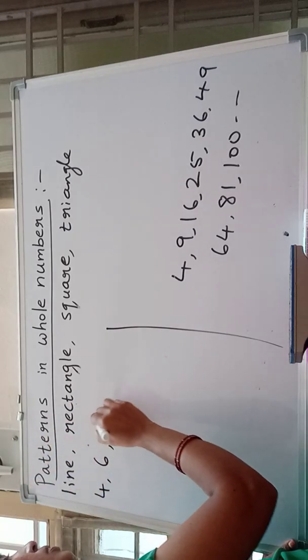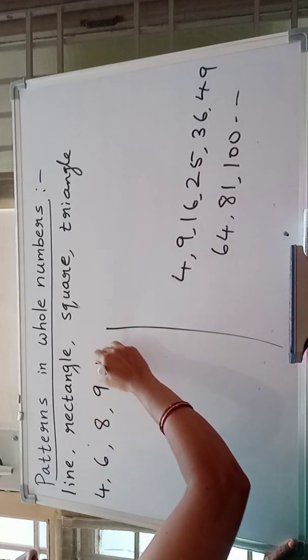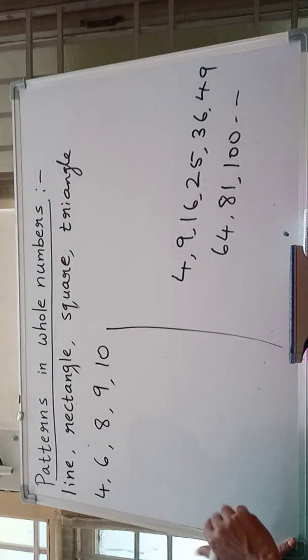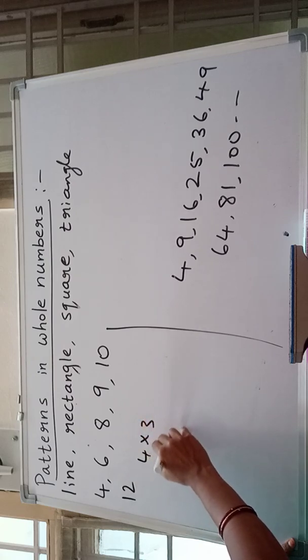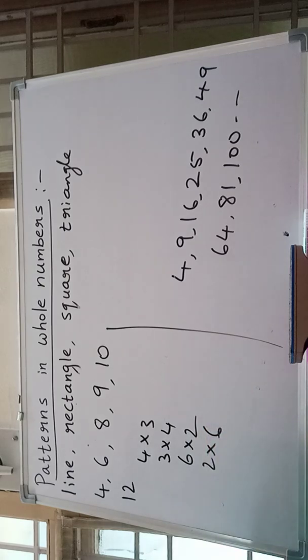Again 8 is possible. 9 also possible, 3 threes are 9. 10 possible. 11 also not possible, 11 ones are 11, 1 we are using. Again 12 possible: 4 threes, 3 fours, 6 twos, 2 sixes. In many ways we can express 12 dots in rectangular shape.